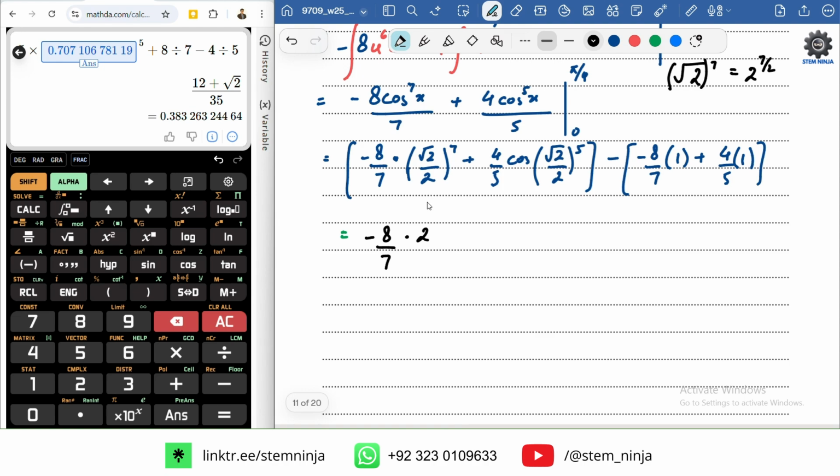No, wait. Technically this is just 1 over root 2 now, so 2 raised to power minus 1 over 2. So 2 raised to power minus 7 over 2, and plus 4 over 5, and the same thing, 2 raised to power minus 5 over 2, plus 8 over 7 minus 4 over 5.